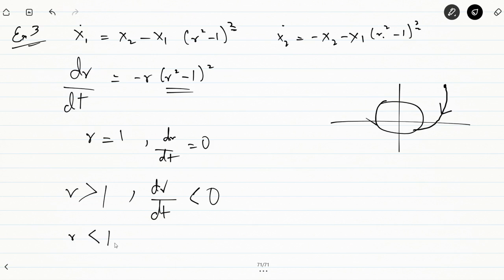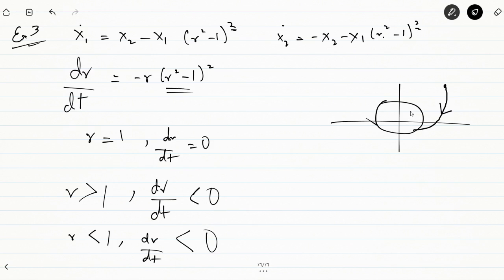Now if r is less than 1, what happens to dr by dt in that case? In the first case, अगर ये नेगेटिव था, ये माइनस माइनस पॉजिटिव हो जाता. लेकिन in this case, if this is negative, r square is less than 1, this term becomes negative, this still becomes positive, that means this is still negative. So r less than 1, dr by dt is still negative.